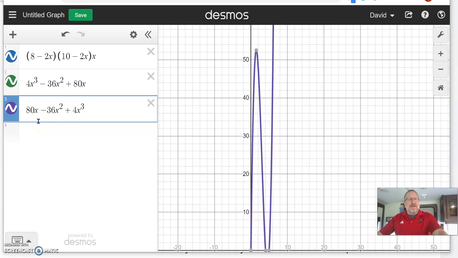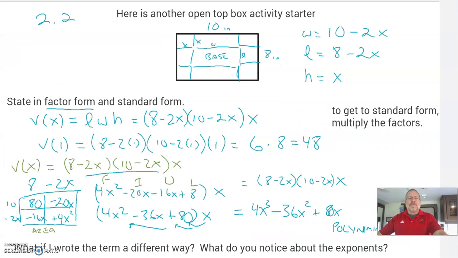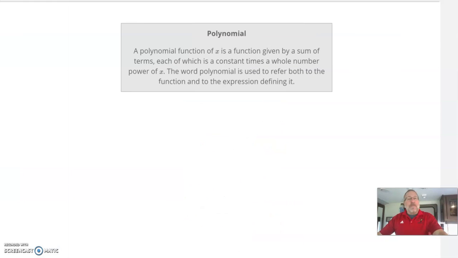One last thing I want you to see about this. Notice the exponents. The exponents on x are all whole numbers. And we talked about what a polynomial is. A polynomial is a function that is a sum of terms. In other words, terms that are separated by plus or minus signs.